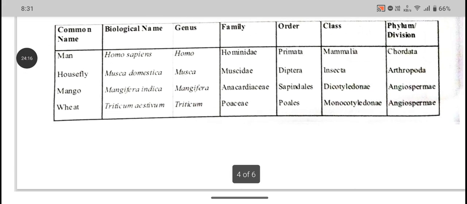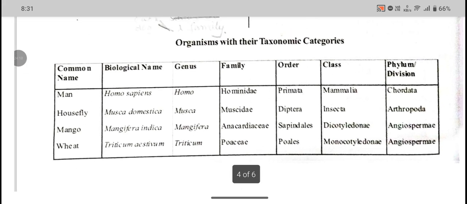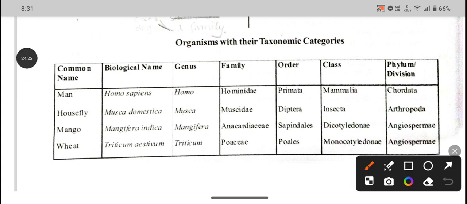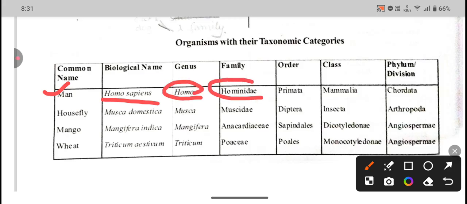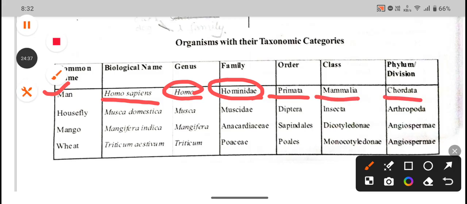So let's see a tabular form for better understanding. If you take the example, common name man, the biological name is Homo sapiens, genus is Homo, family is Hominidae, order Primata, class Mammalia, and phylum is Chordata. So these are the other examples.